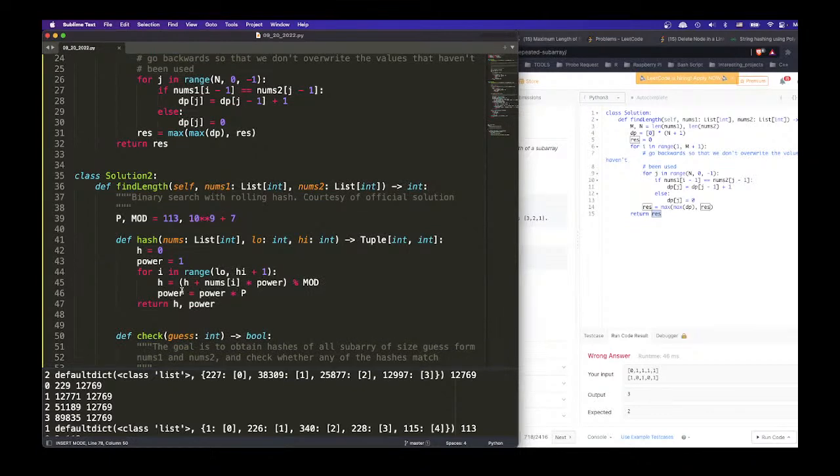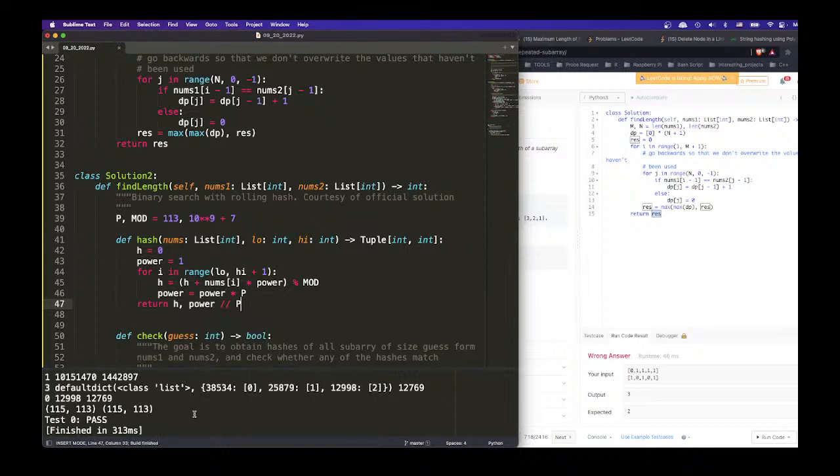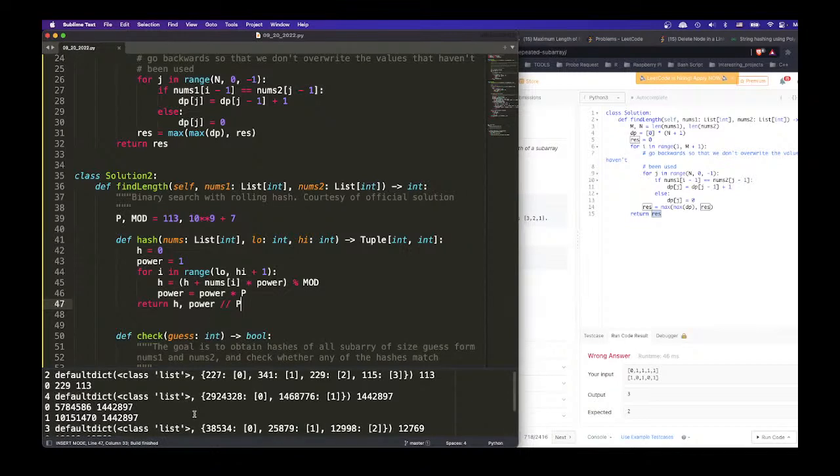Start with 1. Okay, now we have P. Next times P. Now P squared, the next one otherwise. So hold on, I think this one should be divided by P. Alright. Now we're talking. Now we're talking.